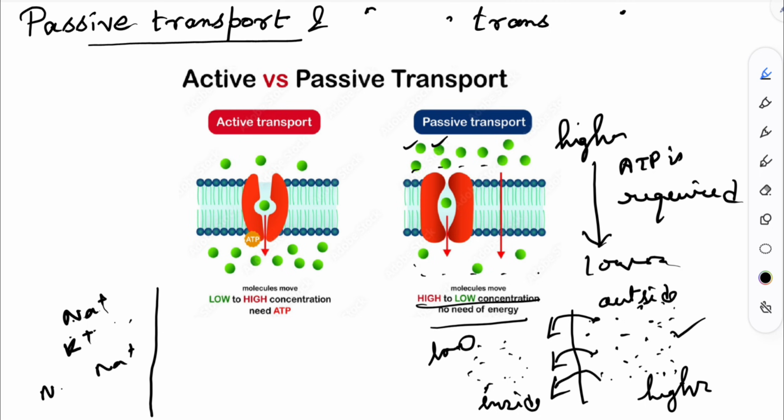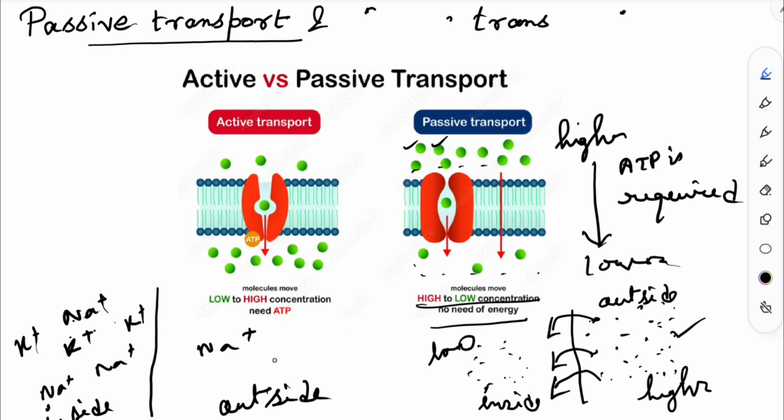But the cell needs more of these ions or more of these minerals. This is outside the cell, and this is inside.